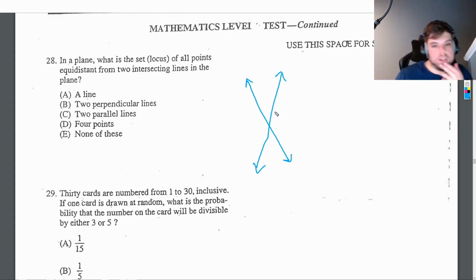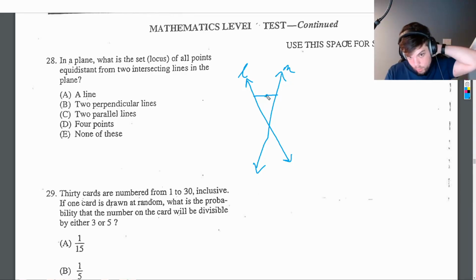Well, okay. So this point right here, we'll say this is line L and line M. It's this far away from line L and equally that far away from line M. So this point would be in our set.